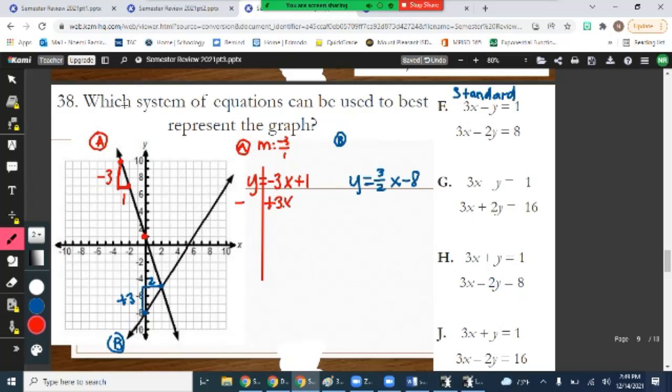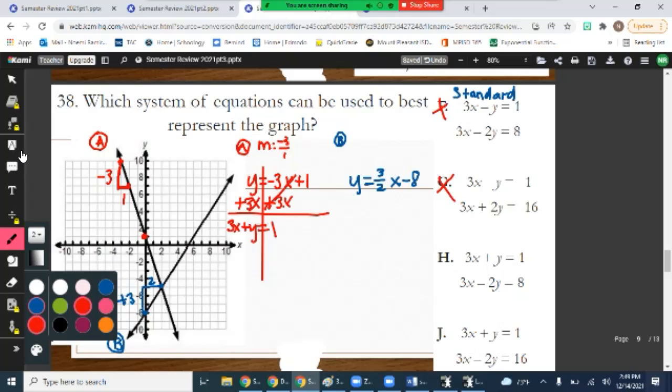Plus 3x, plus 3x. And in standard form, you can always compare it to your formula chart. 3x plus y equals 1, because these 3's cancel out. 3x minus y equals 1, not F. 3x minus y, not G. 3x plus y equals 1, 3x plus y equals 1. I've narrowed it down with a one-step equation.